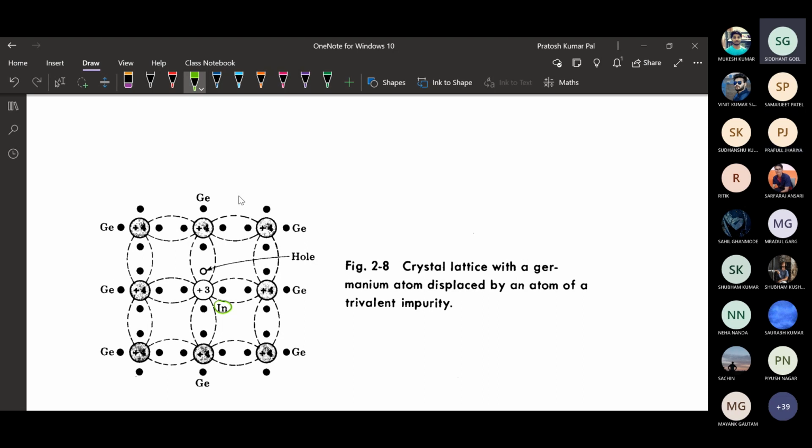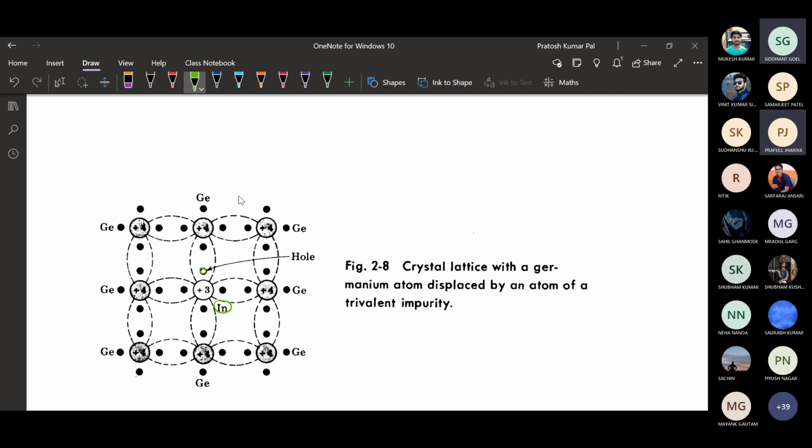So it is trivalent, it will have 3 valence electrons. So 3 covalent bonds will be formed, but one will be empty. That means there will be a hole there, since there is no electron. An empty space is represented by a hole. This hole will be paired with the fourth germanium atom, and it will be ready to accept the electron.